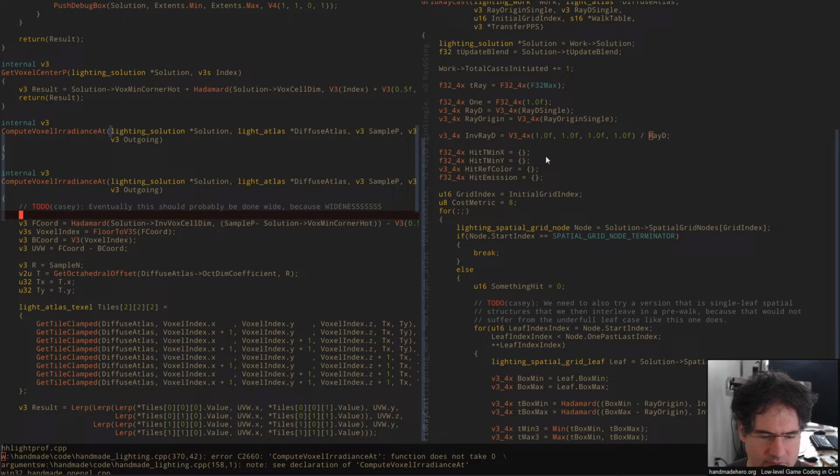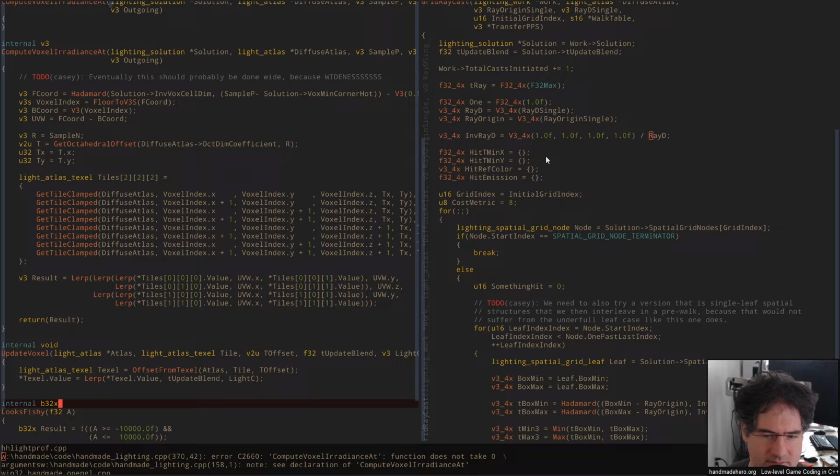So the way that we're doing this currently is we're just looking at how much light was coming from the normal direction, which I don't think is right. I mean, there might be a reason why you would do that, but I don't think so.